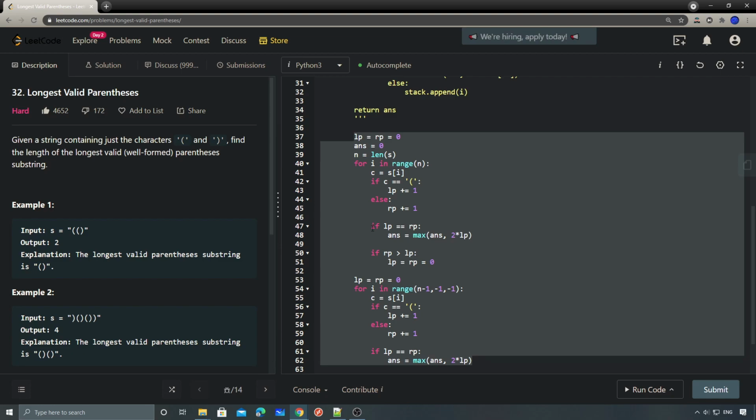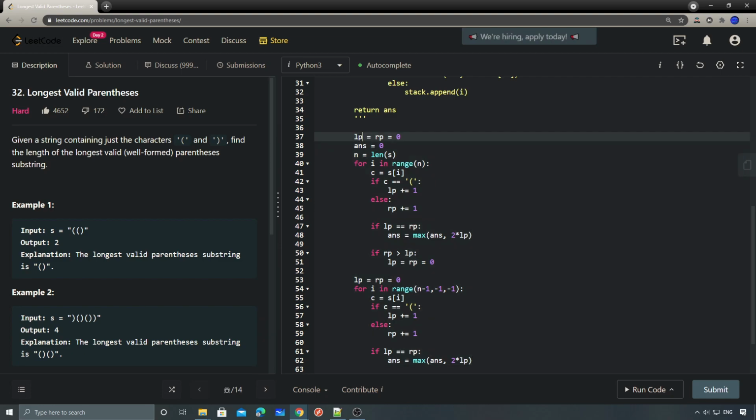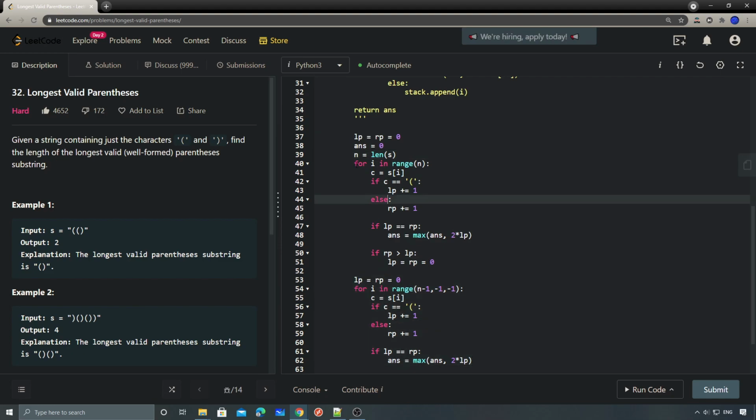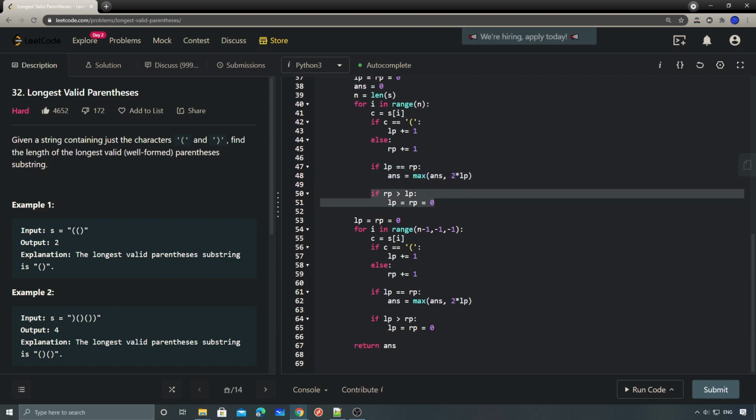For this kind of valid parenthesis problem, we always do a two-way loop, one from the left and one from the right. During the loop, we keep track of 2 counters, update the answer when the counters are the same, and then reset based on different conditions.